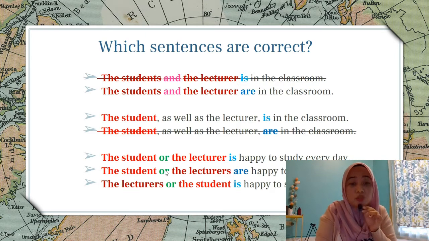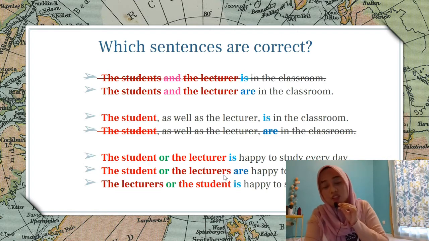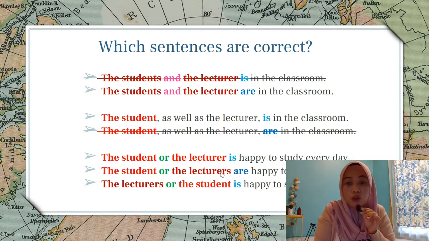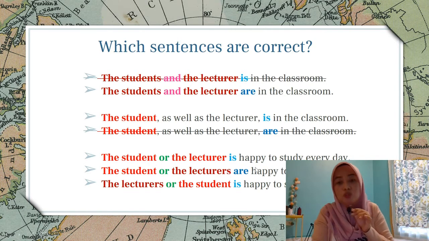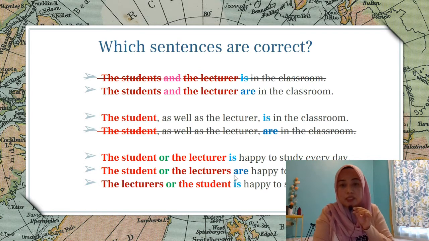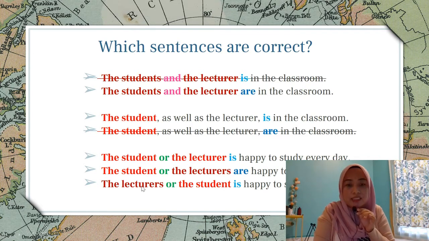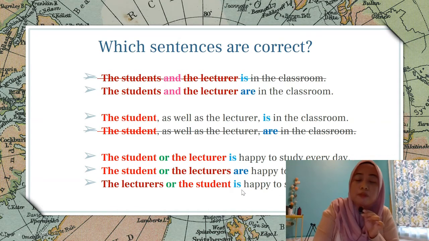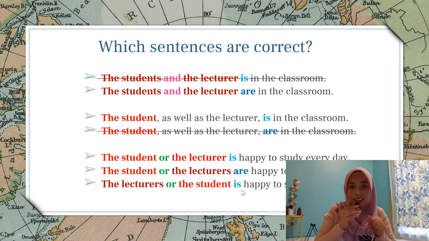The student or the lecturers. Here the lecturers are plural, so the verb needs to follow the one closest to it. So lecturers is plural, so your verb is also plural, are. The same thing applies to the last one, but the subject closest to the verb is student, and student is singular, one person only, so the verb you have to use is.